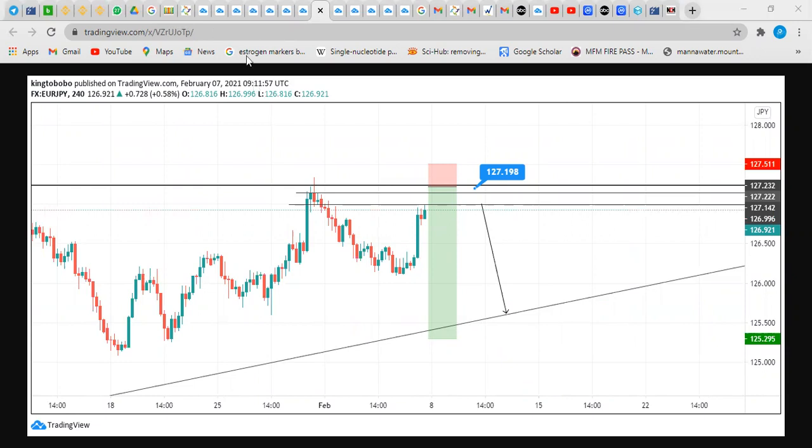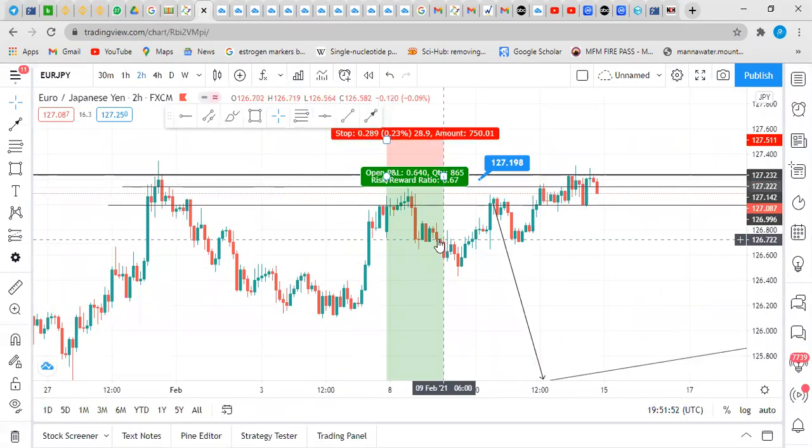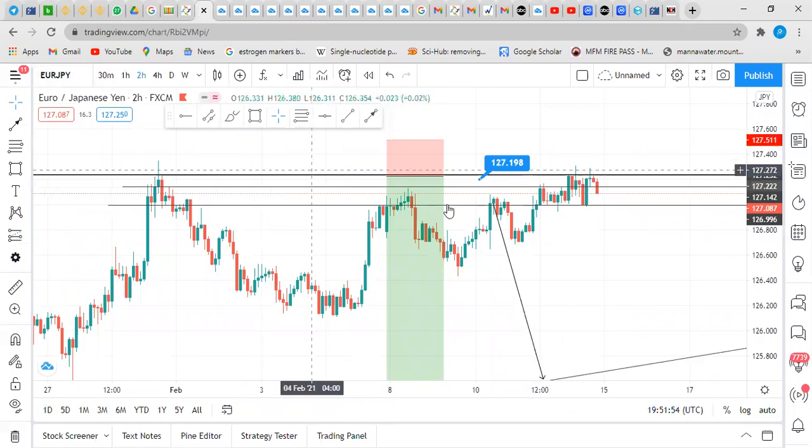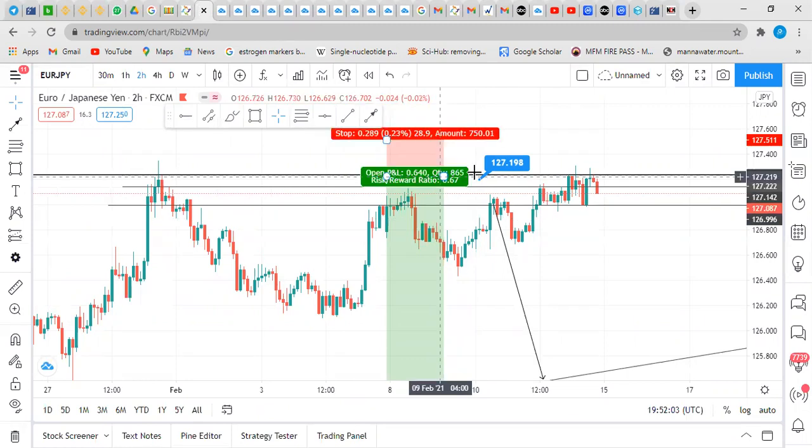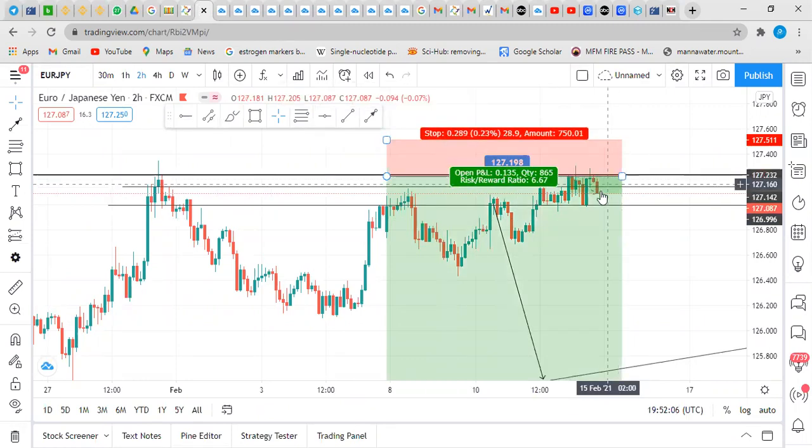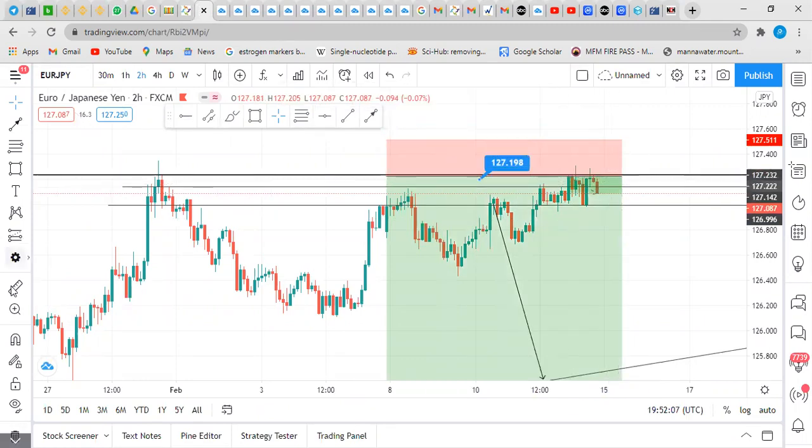Let's see what is happening right now on Eurojpy. You can see price eventually got to the point. After hitting the point, you can see how price started dropping. We are already in, let me calculate, around 13 pips now.